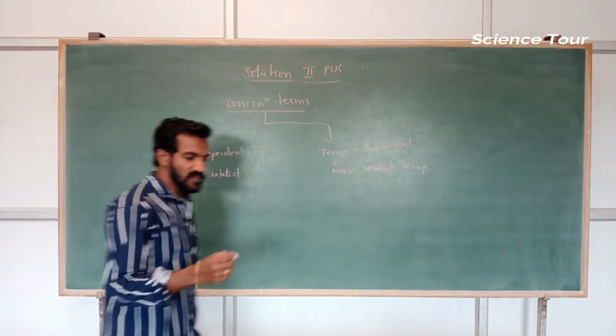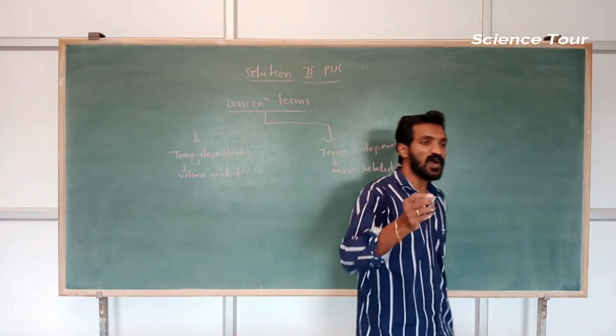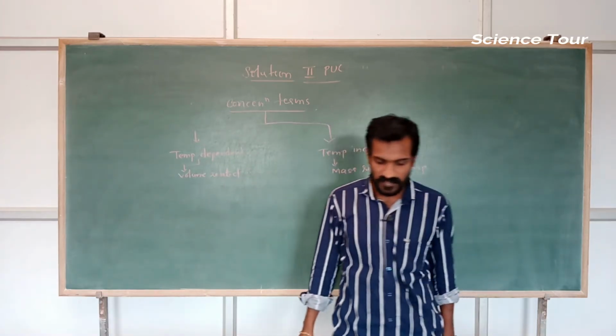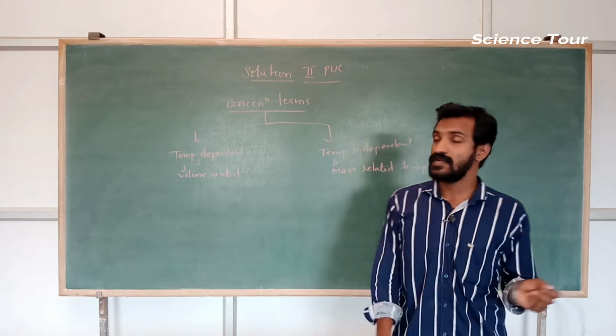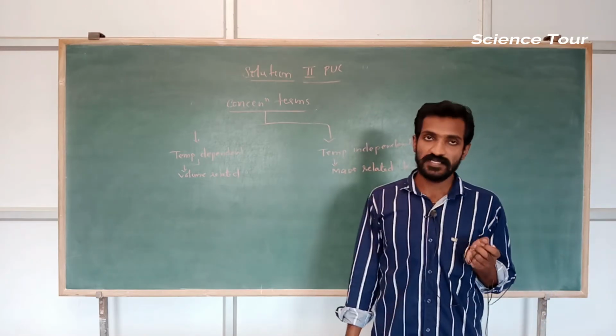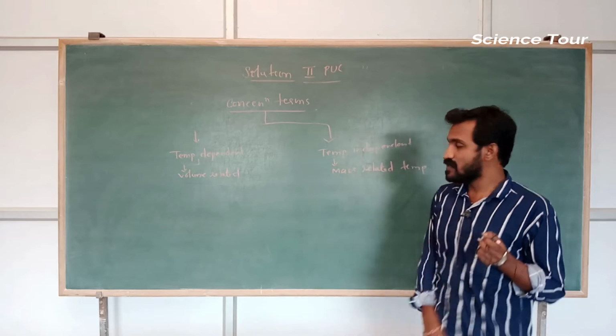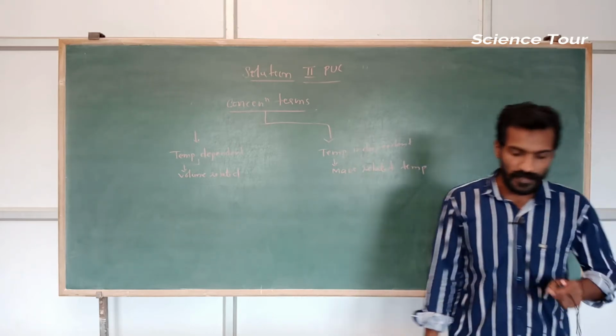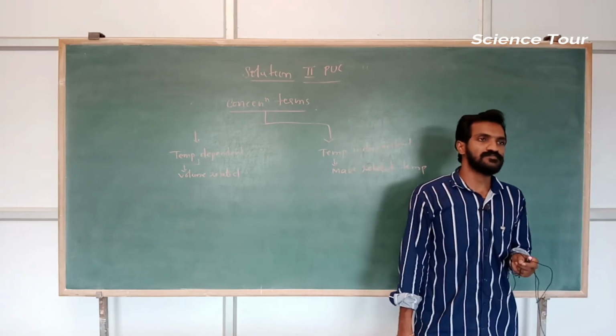So if any formula contains a volume related term, then it is temperature dependent. If any formula contains mass related terms, then it is temperature independent. Okay, we will discuss one by one.